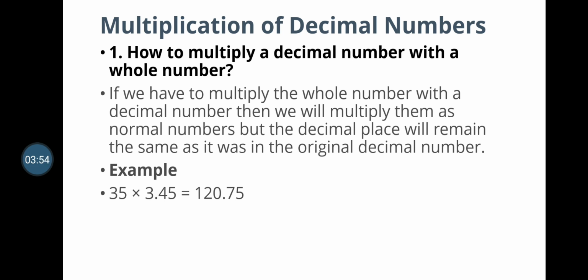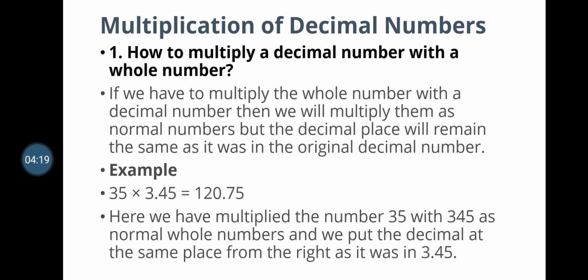12075 you will get. Then in the question we have the decimal number having two decimal places, 4, 5. So these two are in the decimal part of the number. So in the answer also we should keep the decimal point after two numbers. We should start from the right, and towards the left you should go for two places. So that's how we should keep the decimal point.